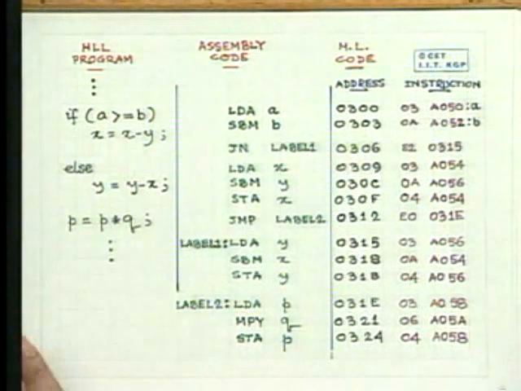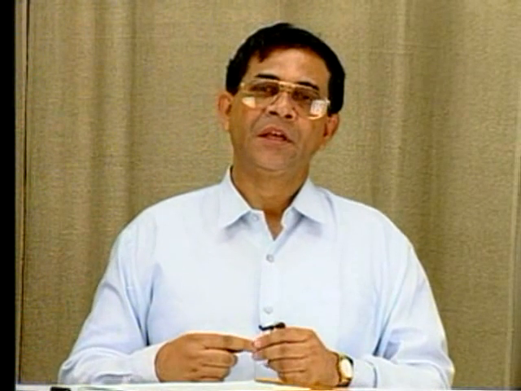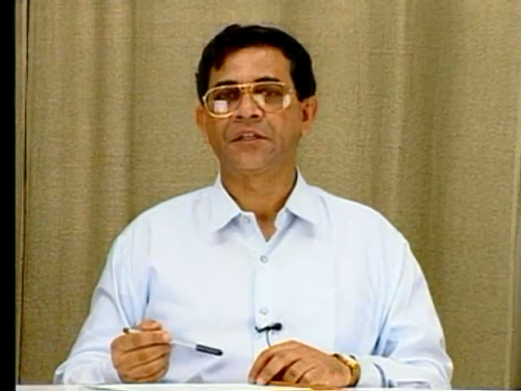Therefore, the essence of whatever I discussed till now, and that is important for understanding how a program is executed, is this: the program consisting of machine language instructions is executed sequentially until there is a conditional or an unconditional jump. If it's an unconditional jump, the program counter is loaded with the target of the jump instruction, and if it's a conditional jump, the program counter will be loaded with the target of that jump instruction, provided the condition is satisfied.